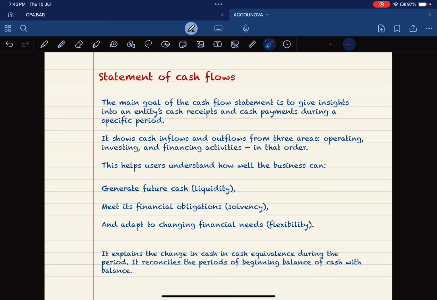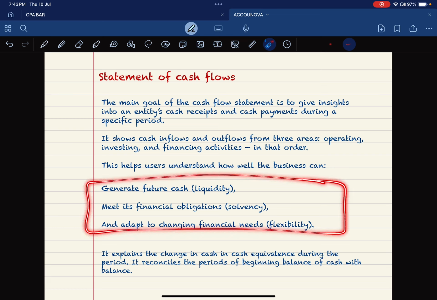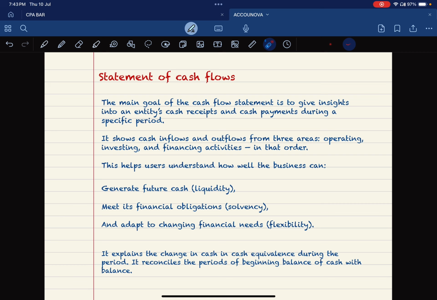Also it helps to assess the ability to adapt to changing financial needs. That's the flexibility. So these are the main important things that a user will be able to get from a statement of cash flows.